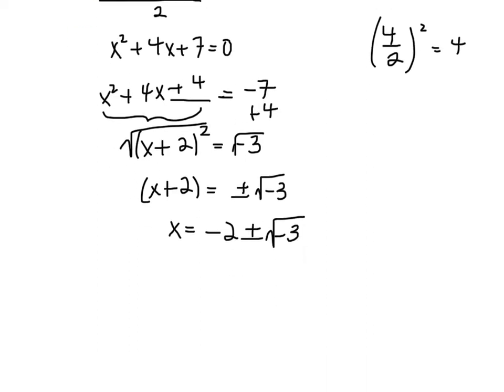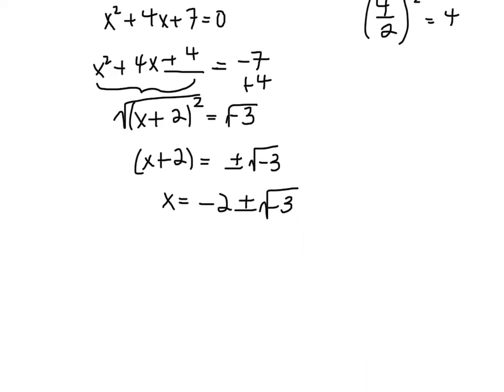If you remember from last video, we can write this as i root 3. And then we have negative 2 plus i root 3, or negative 2 minus i root 3.